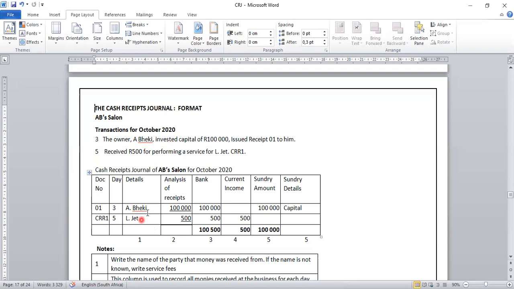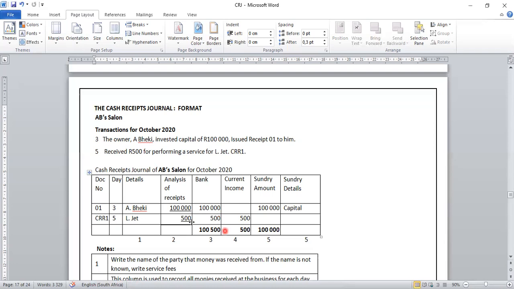And this amount, learners, which is 500 Rand, will go to our analysis column. And the question will be, are we receiving more monies on this day? We only have one transaction, so we are not receiving any other amount on this day. So we will close the shop and take the money to the bank.